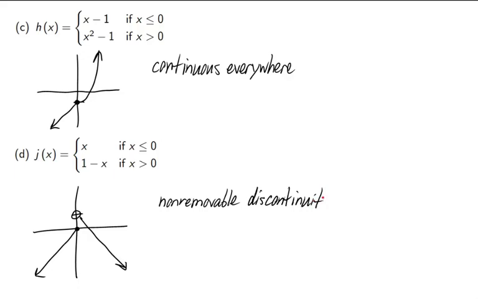It's non-removable, but it's not infinite. We call this a jump discontinuity, because the function jumps from one point to another somewhere along the graph. We've actually seen an example of this somewhere when we were taking limits. This is the idea where the left and right hand limits are not the same, which we'll define more formally here in a moment.